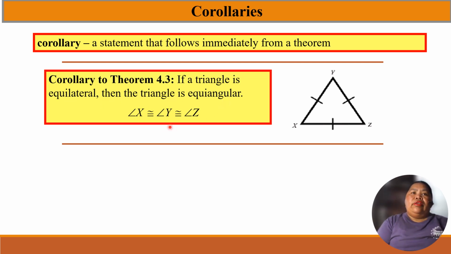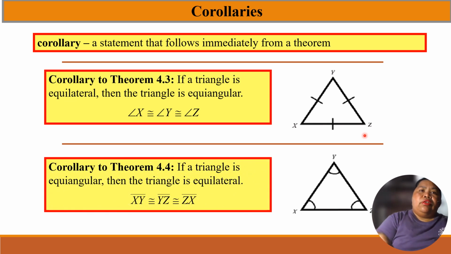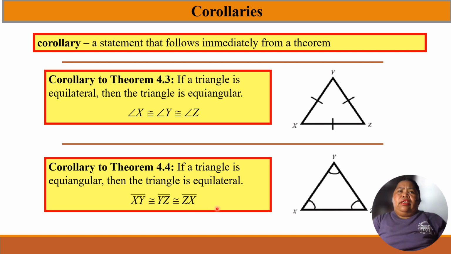So angle X is congruent to angle Y, and angle Y is congruent to angle Z. They are congruent to one another. Then the corollary to theorem 4.4: if a triangle is equiangular, then the triangle is equilateral. Like here, segment XY is congruent to segment XA, and segment XY is congruent to ZX.